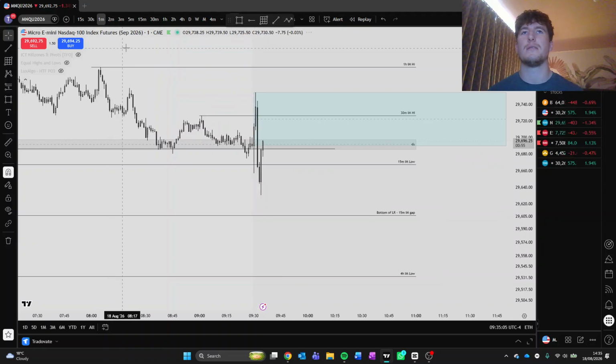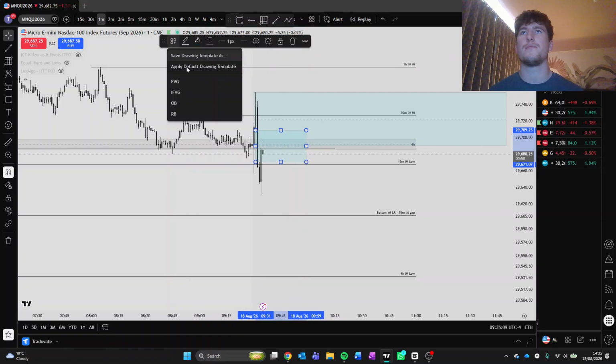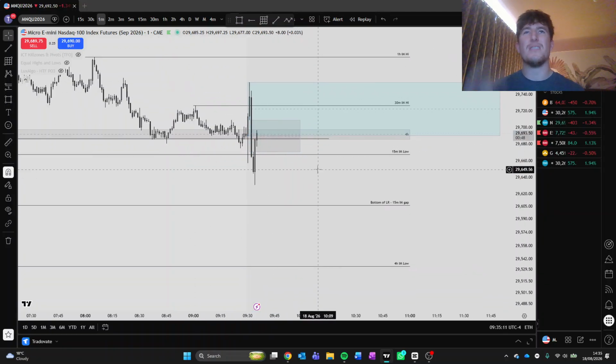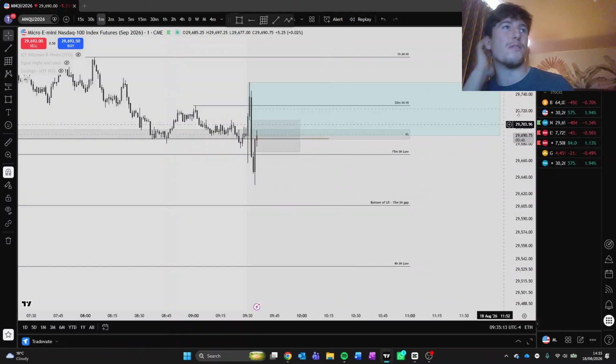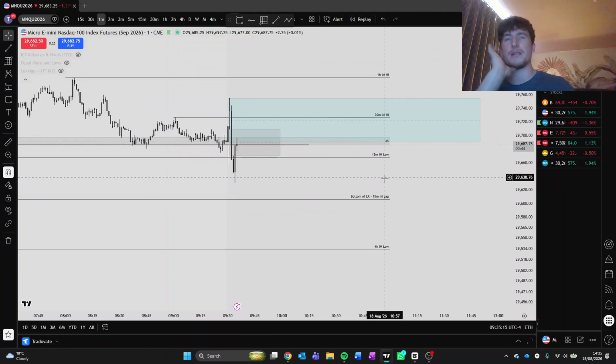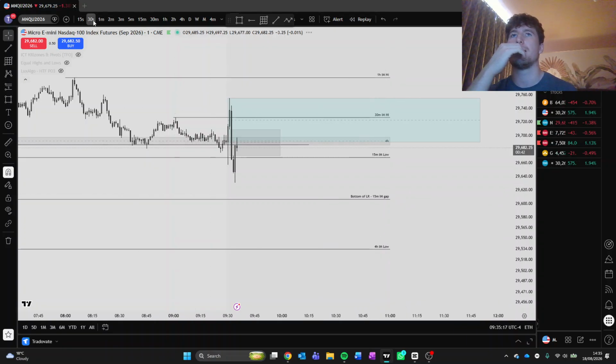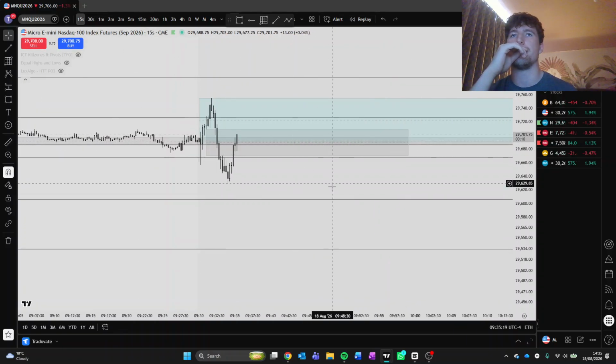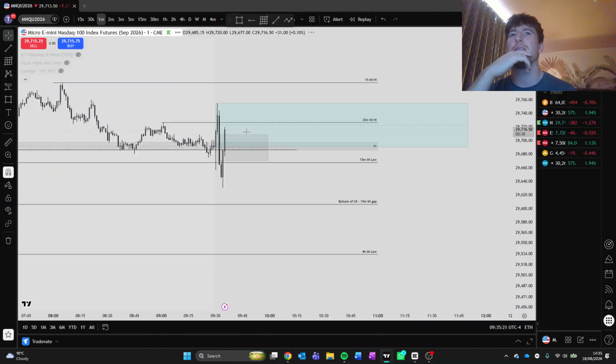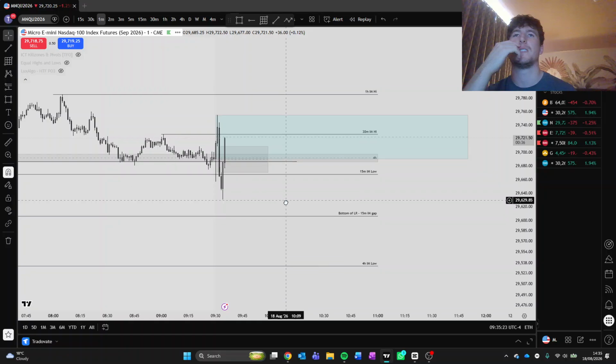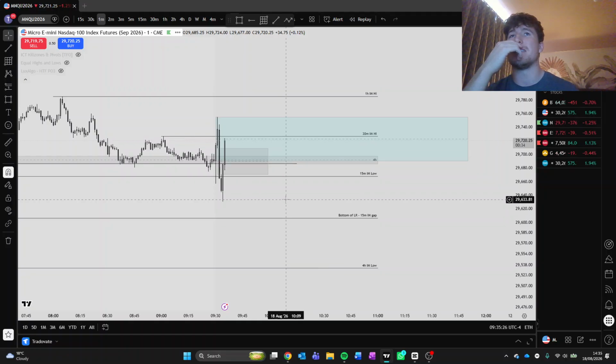Tapped it. It's in this 1 minute fair value gap as well. Still don't like this. I'd rather more of a trend. It's been so choppy, I can assume he's just being stopped out here. It's a 15-second there. Yeah, this looks awful.